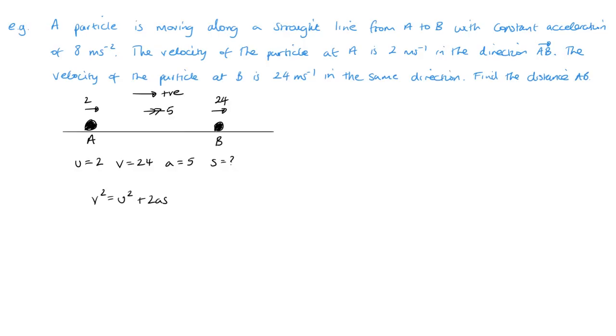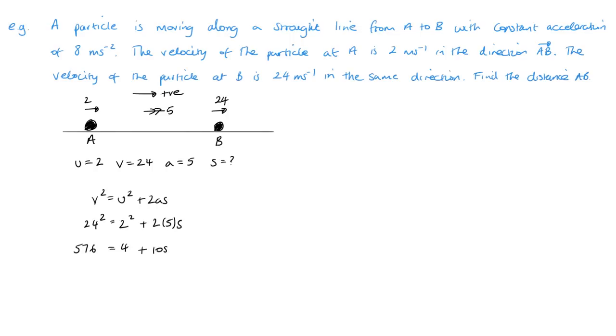Now that we've selected the right formula, and like I say in all my videos with formulae, write down the formula every time you use it. You'll soon commit it to memory then. Right, so now it's just a matter of substituting these in. Like so. So 24 squared is 576. That's 4 plus 10s.